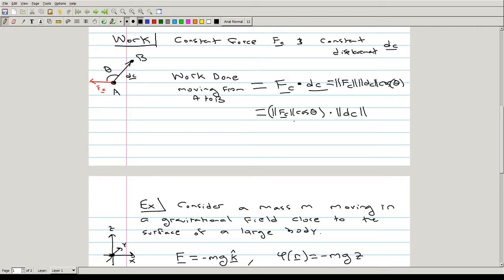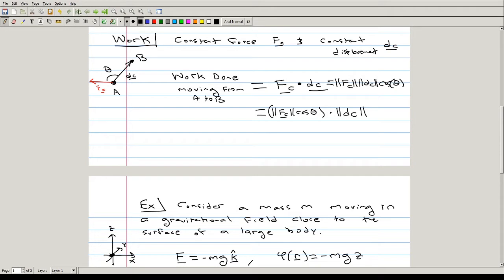So this is the force acting on this mass as it moves in this straight line path, multiplied by the total distance, or the length of this vector dc. So this is essentially why this is true about this dot product.